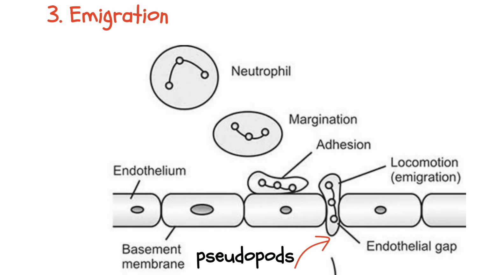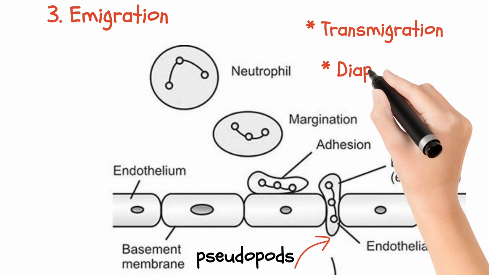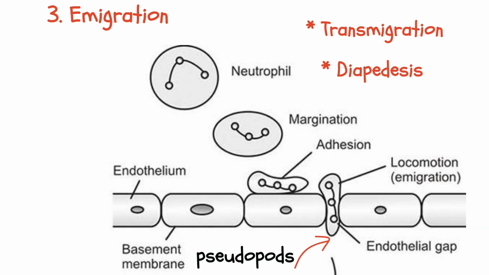So the leukocytes insert their pseudopods into these junctions, then they squeeze through these gaps and occupy a position between the endothelial cell and the basement membrane. Finally, the leukocytes crawl through the basement membrane and escape into the extravascular space. This process is also known by two other names: transmigration and diapedesis. And neutrophils, monocytes, lymphocytes, eosinophils, and basophils all use the same pathway.